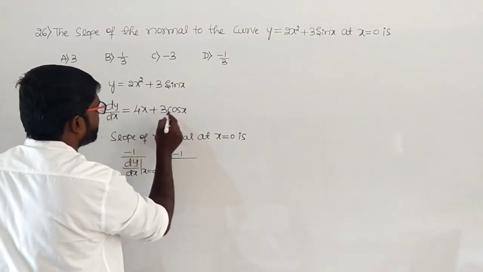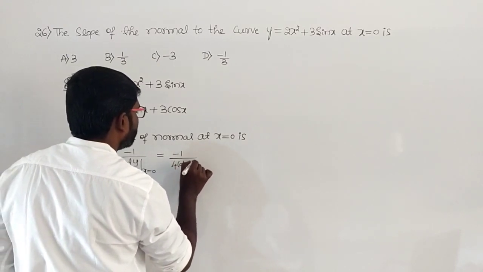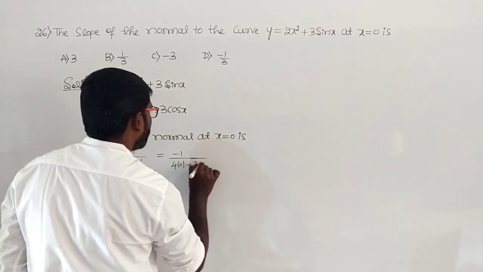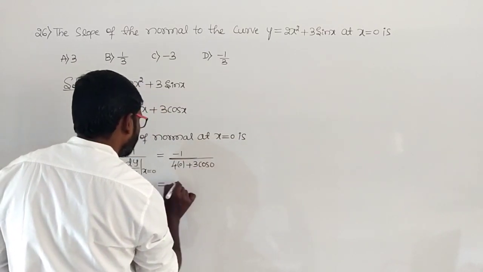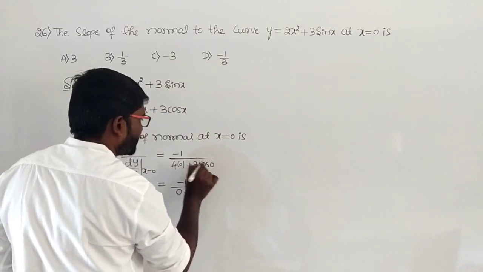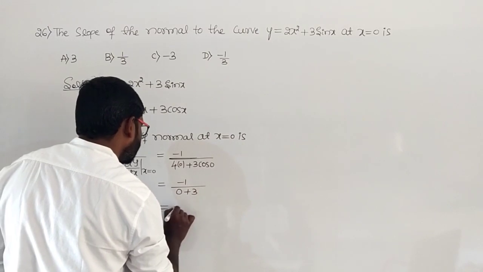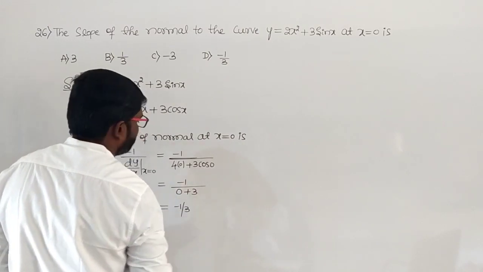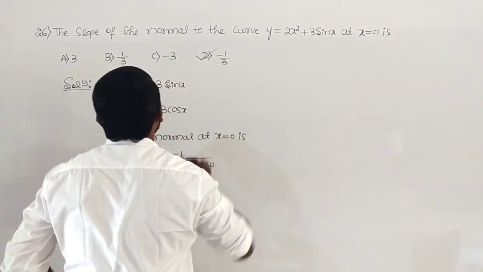It is 4x plus 3 cos x, 4 into 0 plus 3 into cos 0, which equals minus 1 divided by, this becomes 0 plus cos 0 it is 1, 1 into 3 it is 3. So overall the answer is minus 1 divided by 3. So which is the right answer now? It is the option D.